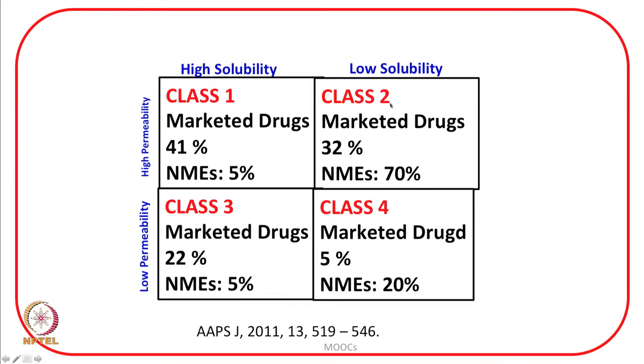Class 2, where high permeability and low solubility is observed. Class 3, low permeability and high solubility, and class 4, which is the least preferred, that is low permeability and low solubility. This is not preferred.